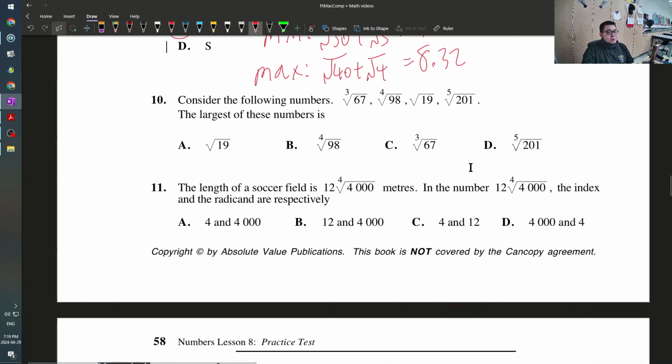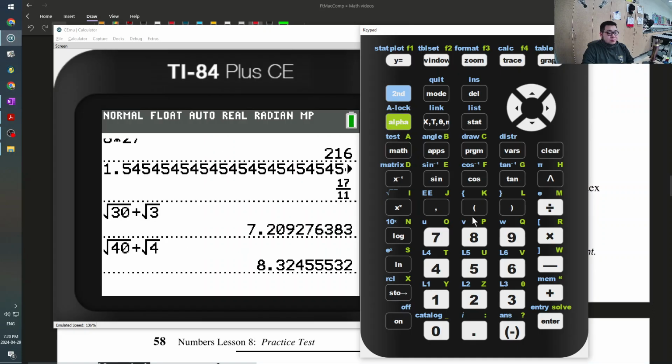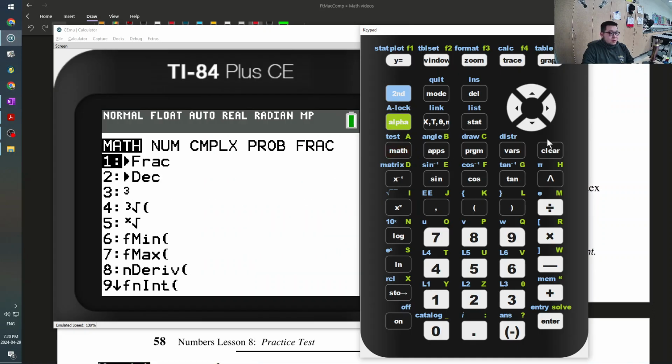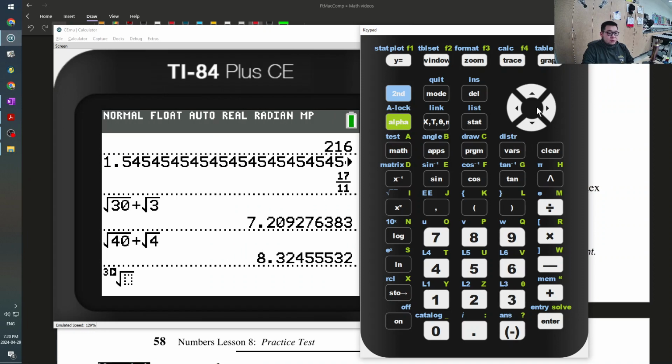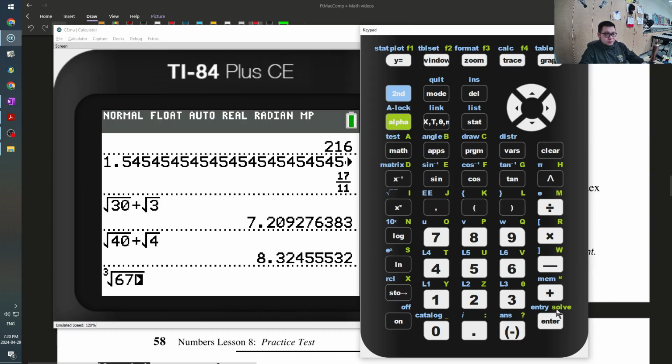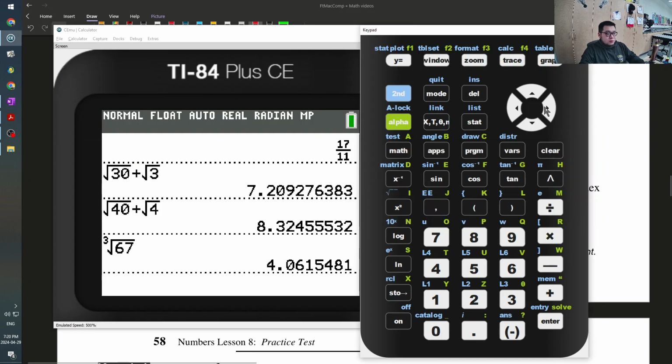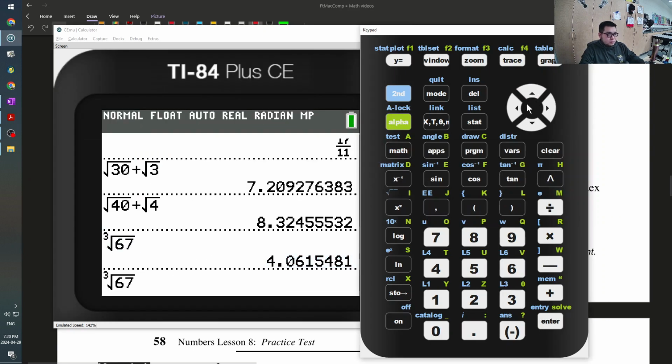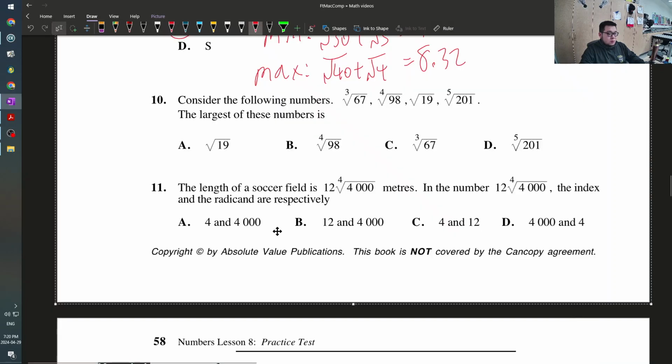10. Consider the following numbers. The largest of these numbers, type it into your calculator. I guess I should. Cube root of 63. Math, 5. Cube root of 67, right? Fourth root of 98. No, and my keyboard doesn't work.